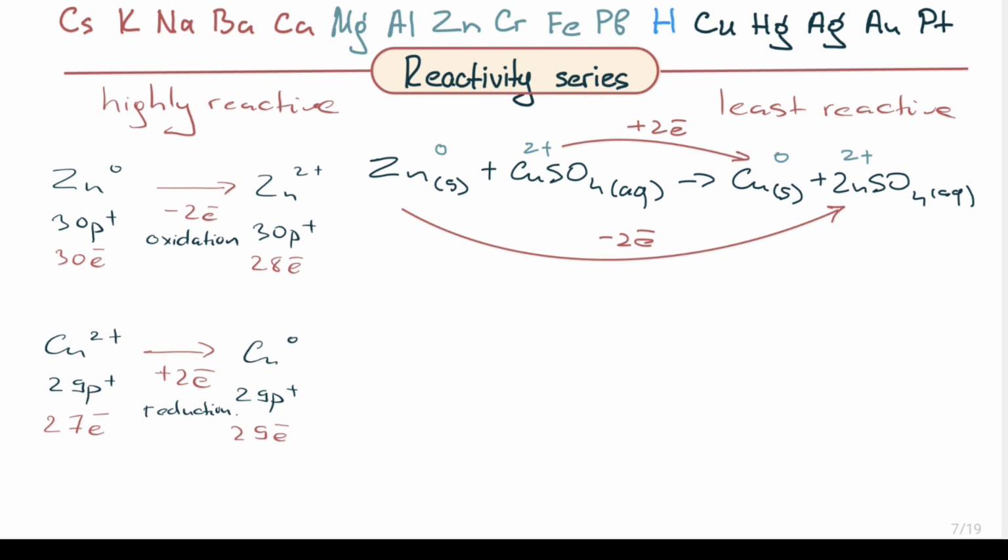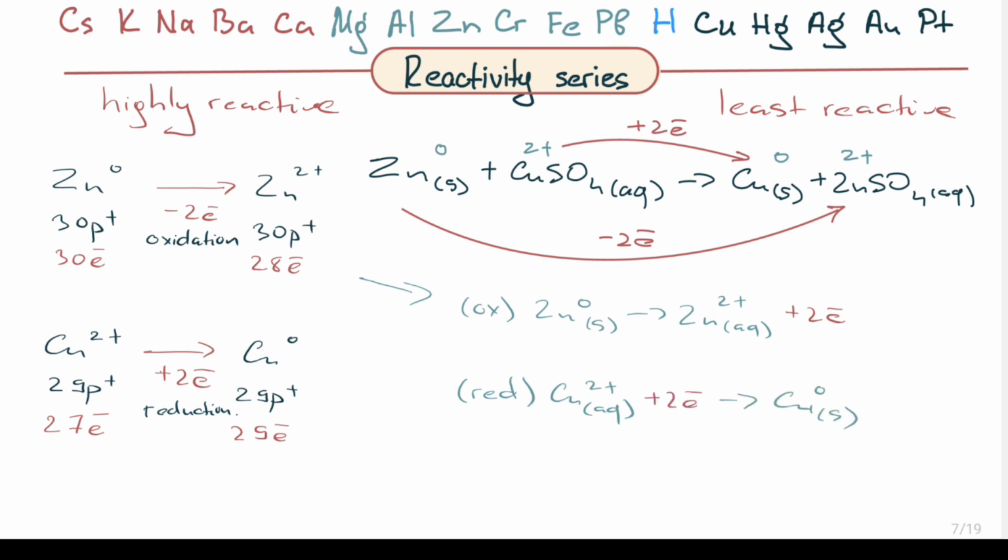So let's write these equations together and form half equations. For oxidation, zinc 0 will move to the solution. So zinc will lose 2 electrons and become aqueous zinc 2 plus. On the reduction side, copper from the solution will move to the solid state. So copper 2 plus plus 2 electrons will become solid copper 0.